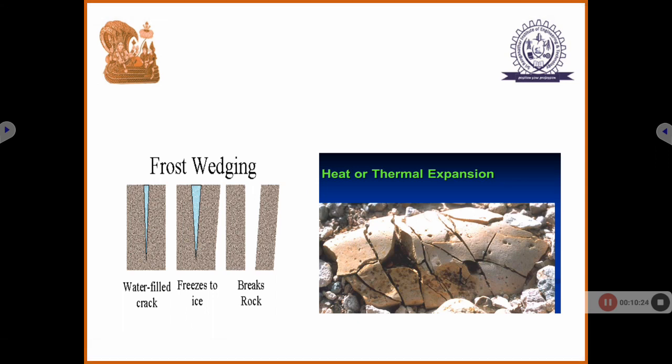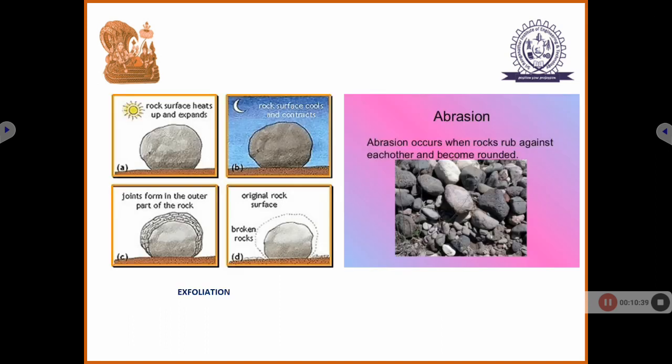And then the next picture shows you heat or thermal expansion. When the heat is at its highest degrees, weathering happens starting from a crack. Next, how does the sun make the rock break?